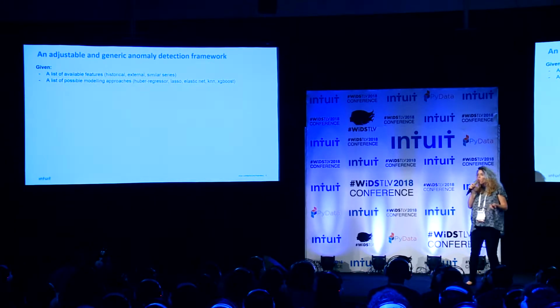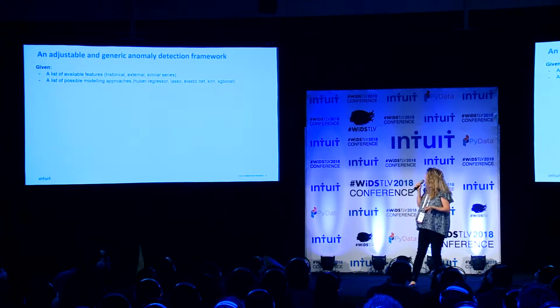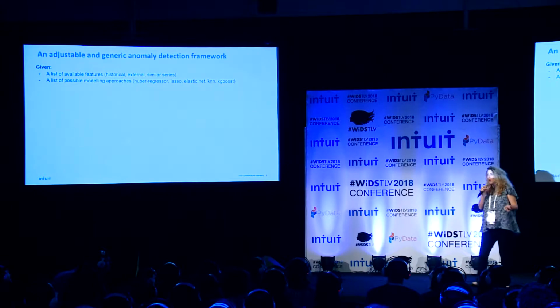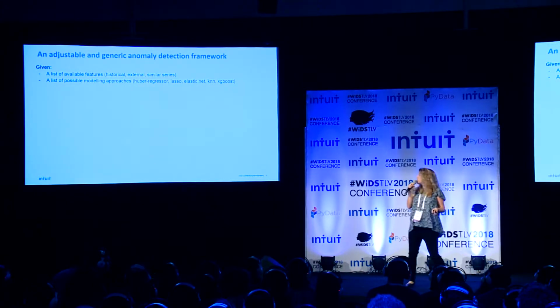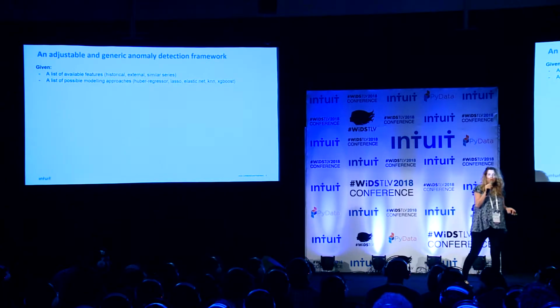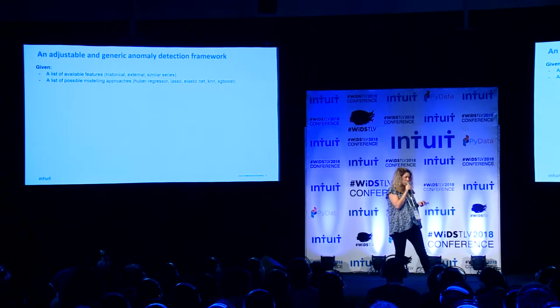Among them you can find Huber-Regressor, which is best in dealing with the outliers, Lasso, which is very good in feature selection, and ElasticNet, which is a combination of Lasso and ridge regression. And we also use some nonlinear models, such as K-nearest neighbors, which we'll show an example for later, and AdaBoost, which is an ensemble of regression trees.